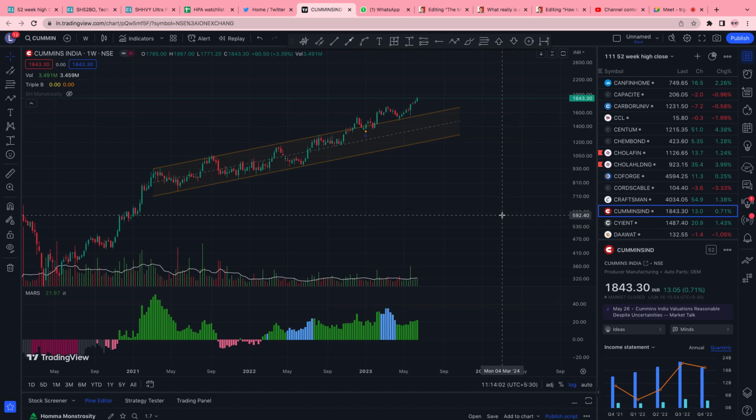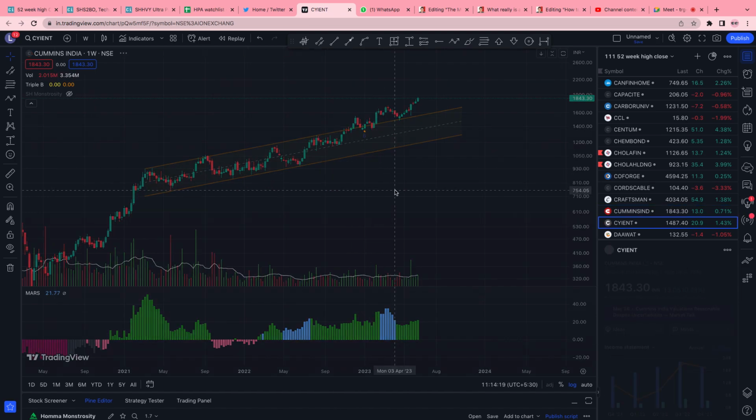You cannot deny that. And once you understand that after this point there are only this many possibilities of things happening, then it actually helps you trade these patterns. Okay.